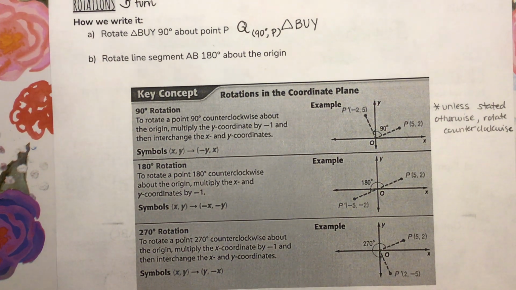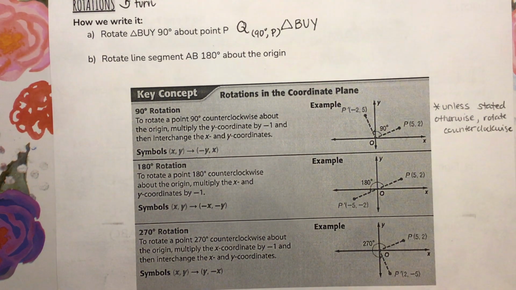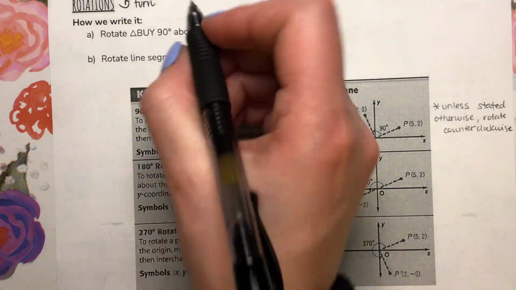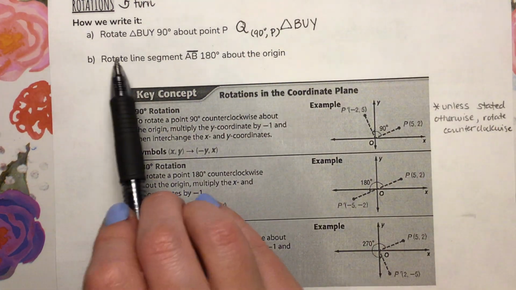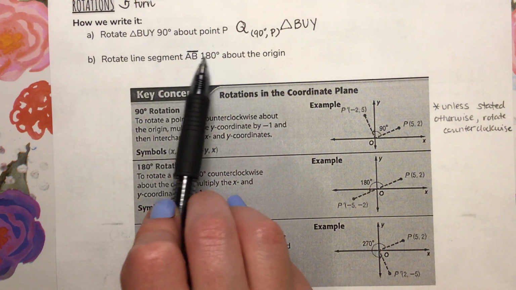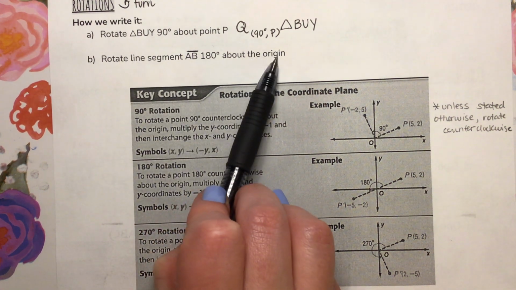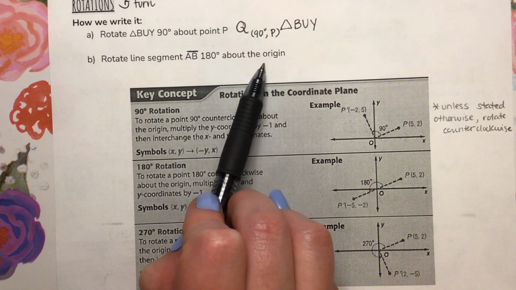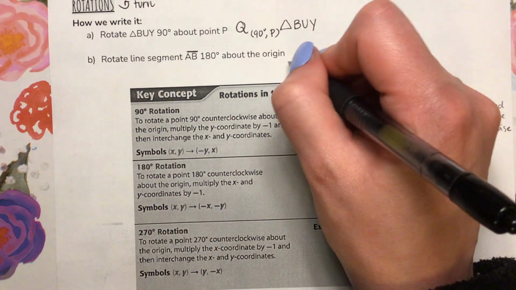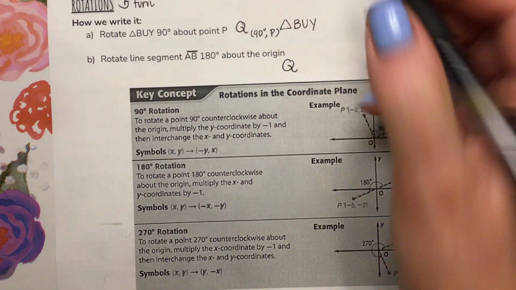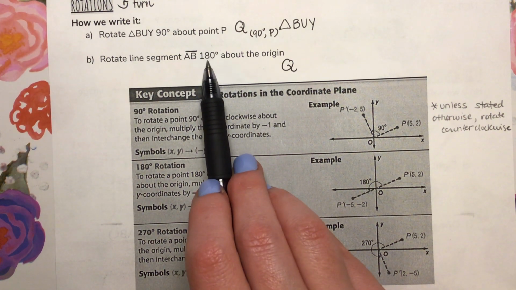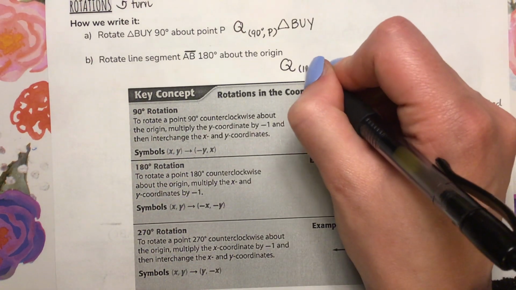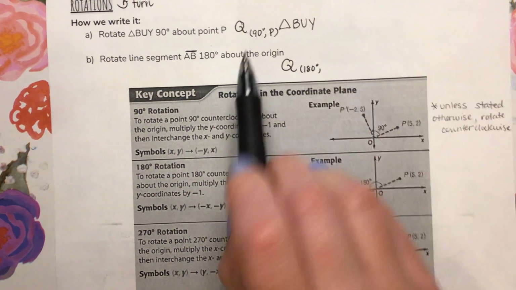You can also rotate segments such as segment AB, and I don't have a marker here, but whatever. Okay, so it says rotate line segment AB 180 degrees about the origin. Okay, so I'm going to put Q because Q means rotate. Now I need to put my directions for how to rotate. I'm going to rotate 180 about the origin.